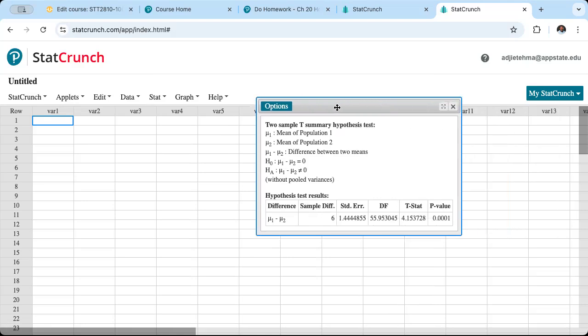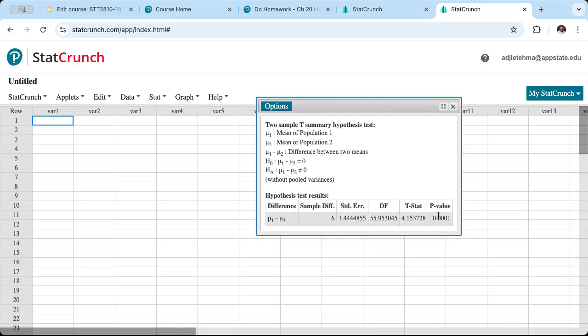So when you hit compute, you can see from here you have the standard error. It has also done the degrees of freedom for you as well. This is the t-test statistic, and this is our p-value. So now we can see that the p-value is very small. Since our p-value is very small, what do we do?